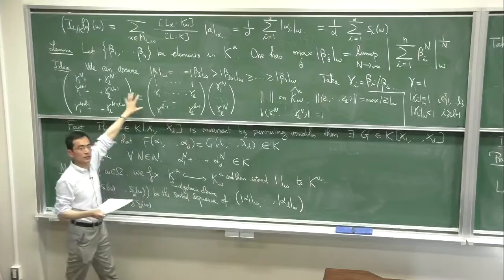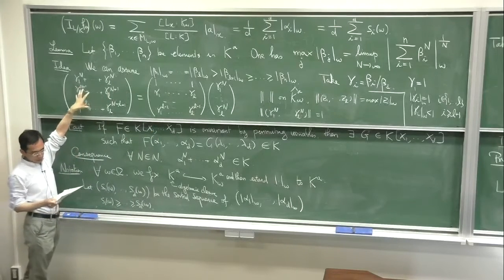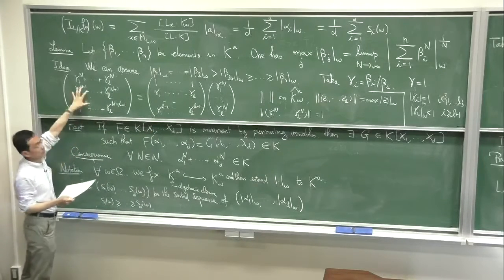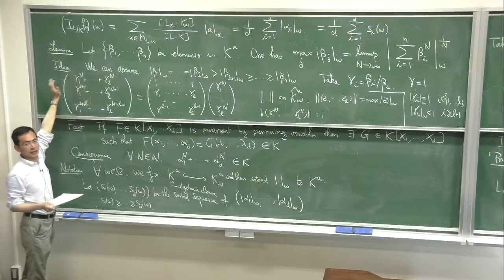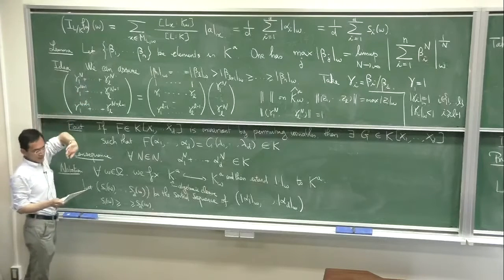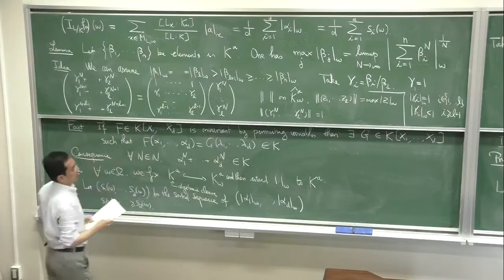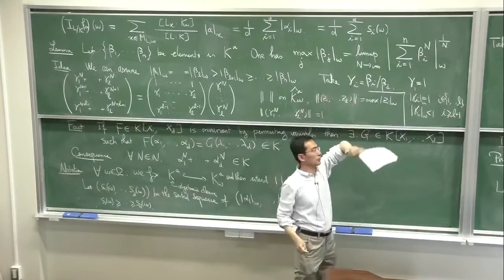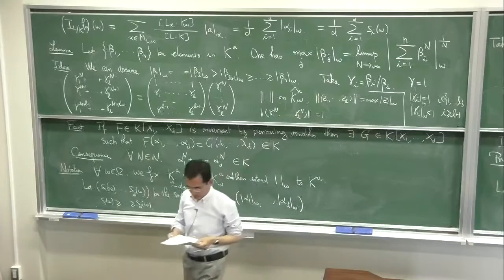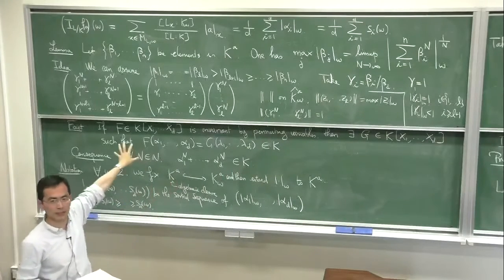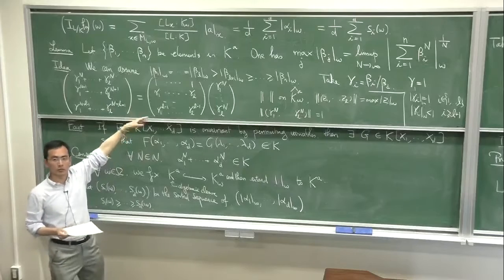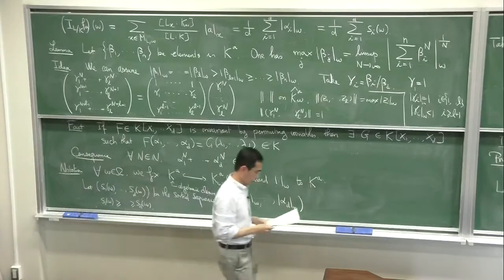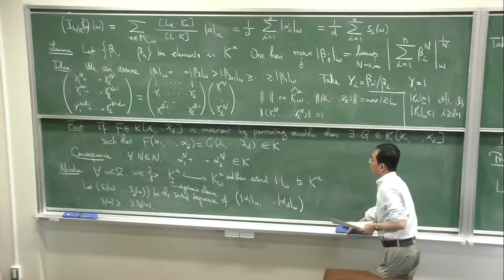Then you have some invertible matrix, so the norm of this vector is bounded from below by some constant. That will give you such an equality. I will not go into the detail because I'm lacking time, but you can continue with this idea, which also holds for our case of R.